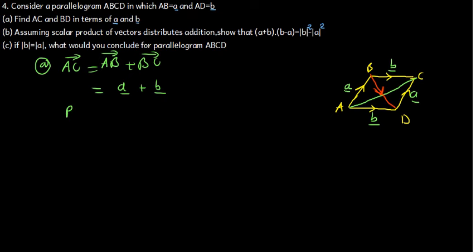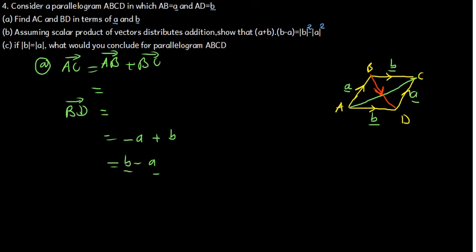So we are saying BD is going to be equal to, we first move from B to A and then from A to D. Now notice that the arrow is going from A to B. So if we move from B to A, then this vector is going to be negative. So that is going to be negative a plus, now A to D, that is just b. We can as well write this as b minus a. So that is the same.